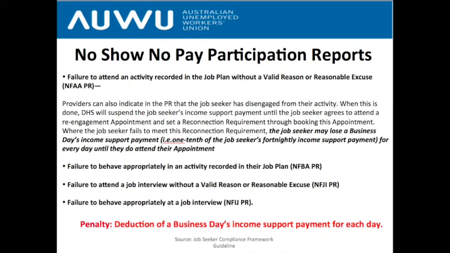So the next no-show, no-pay penalty is the failure to behave appropriately in an activity recorded in their job plan. This is a particularly outrageous penalty because what's considered appropriate behaviour is very, very vague, and the definition is so vague that job agencies can just use their discretion when it comes to imposing this penalty.